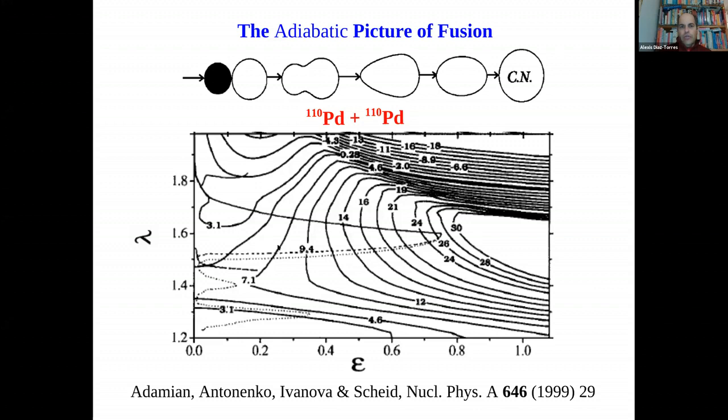And here at the bottom you can see a collective potential energy surface as a function of lambda elongations and the neck parameter or neck coordinates.